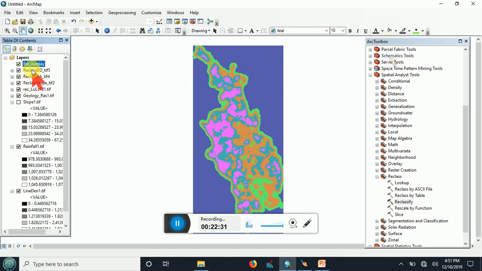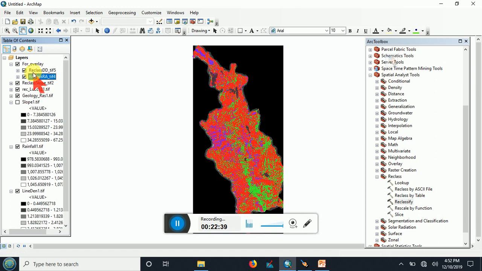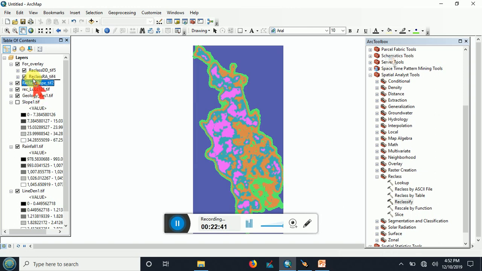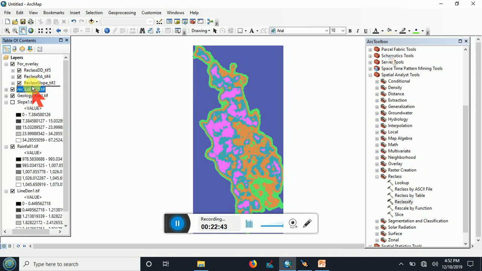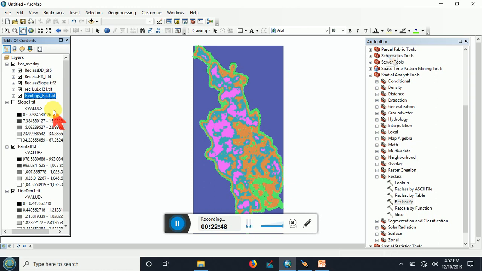It means simply bring, for instance, drainage density up, so leave it here, and similarly reclassify rainfall here, and similarly reclassify slope. Do the same for the other 2 up to geology. So it means we form one group for overlay, which includes those 5 thematic layers.